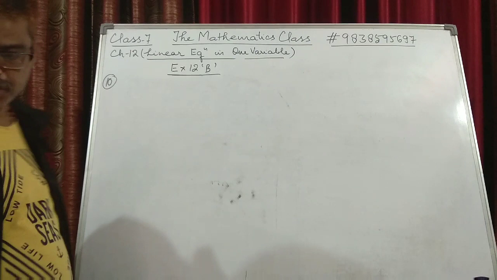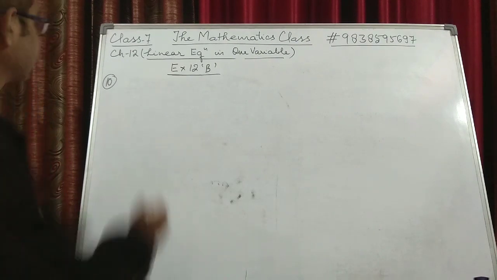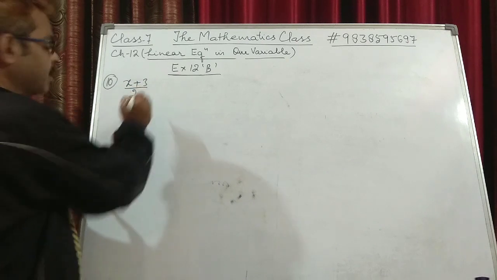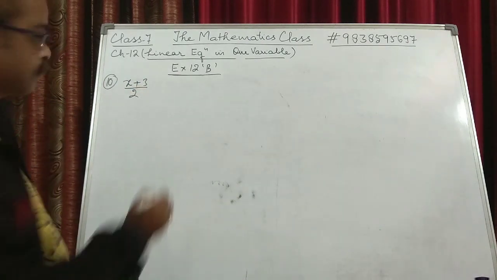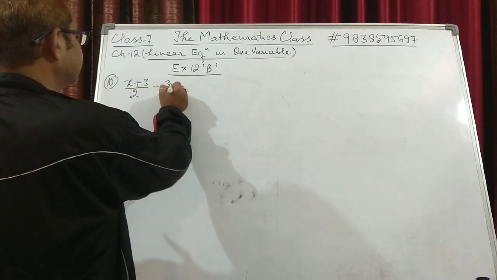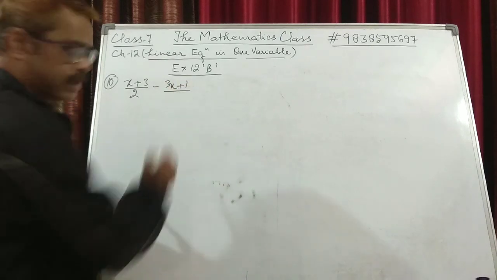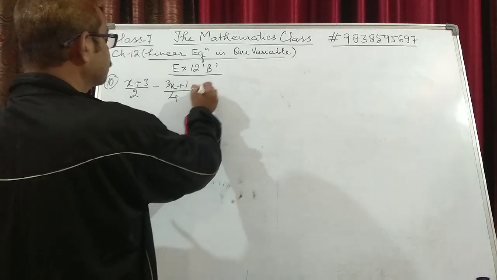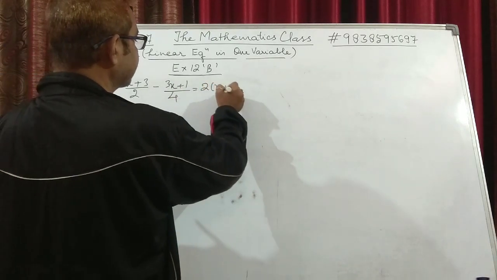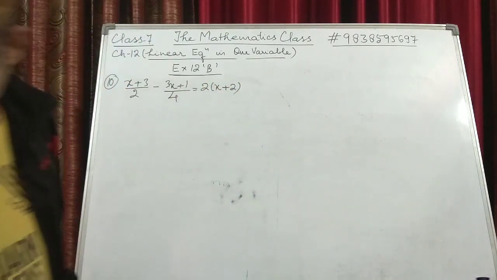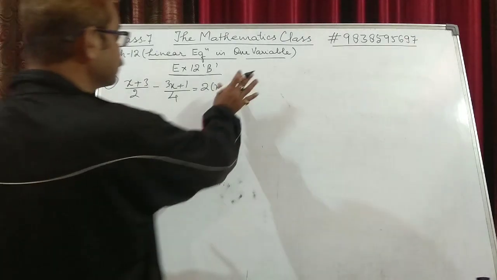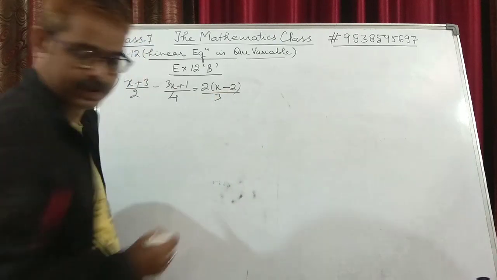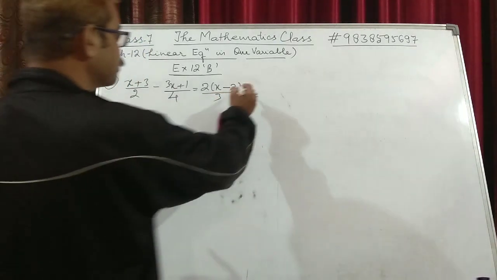Next we are taking question number 10, that is x plus 3 upon 2 minus 3x plus 1 upon 4 is equal to 2 times of x plus 2, x minus 2 upon 3 minus 2.